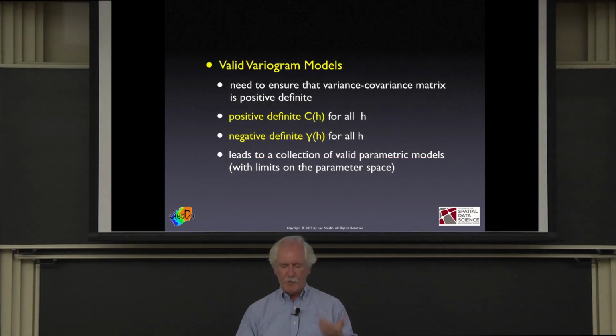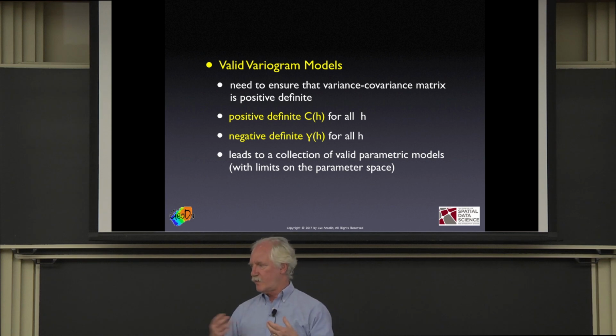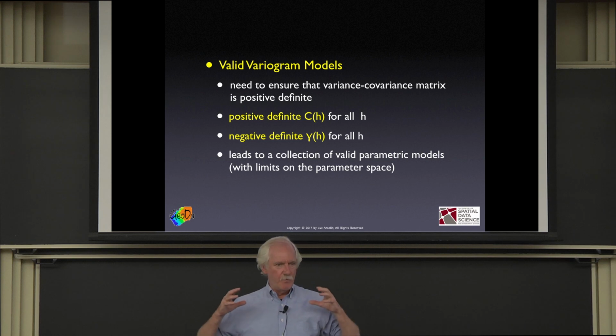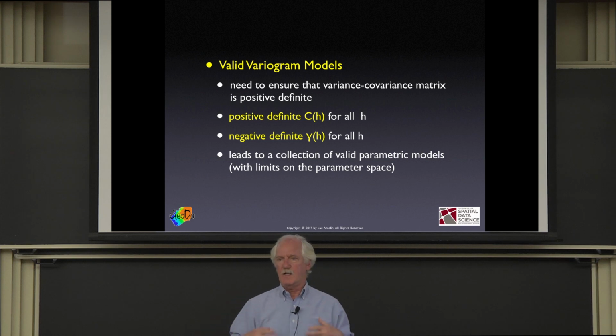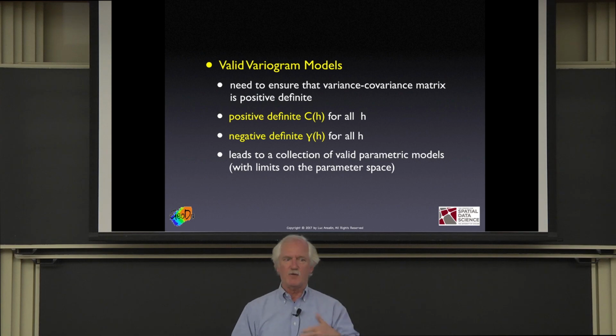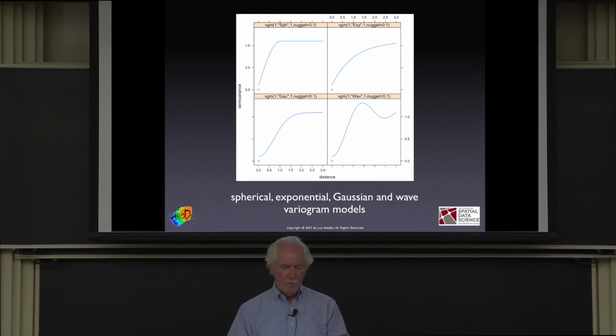Remember this thing about the positive variance, so they're valid variogram models, mathematical expressions as a function of the distance that have the right property in the sense that they have a positive definite variance covariance. Because these are squares, again, it's flipped around. It has to be a negative definite variogram. We won't go there.